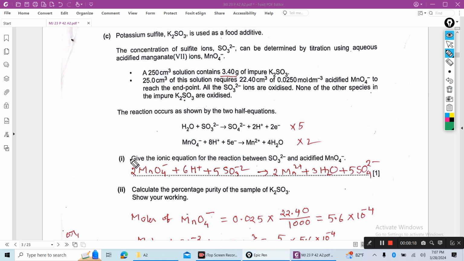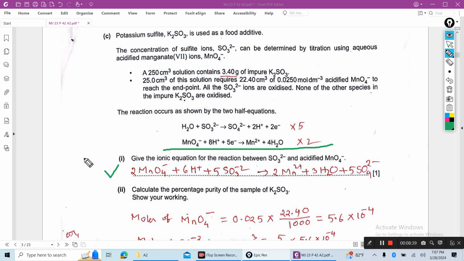Now first give the ionic equation for the reaction between sulfide ion and acidified manganate ion. So if you add this equation to the half equation, you will get the overall equation.